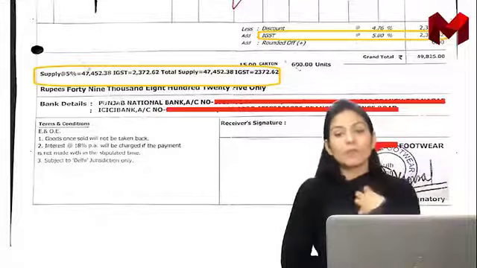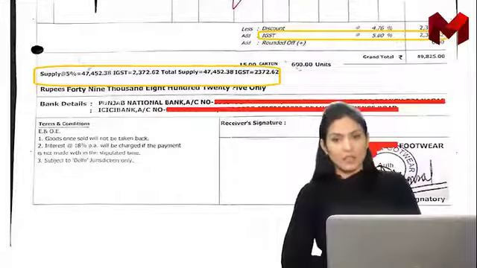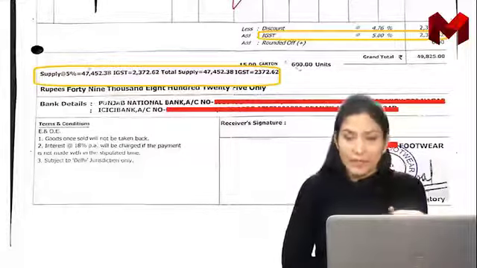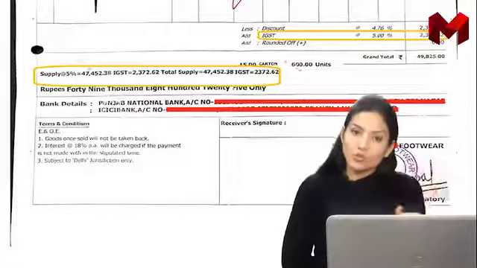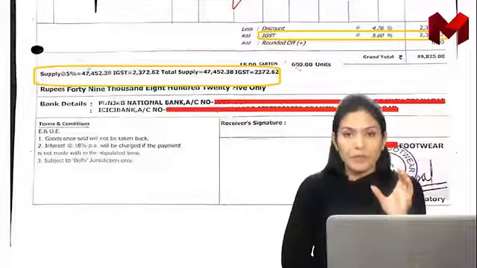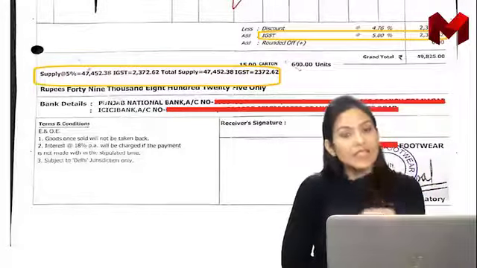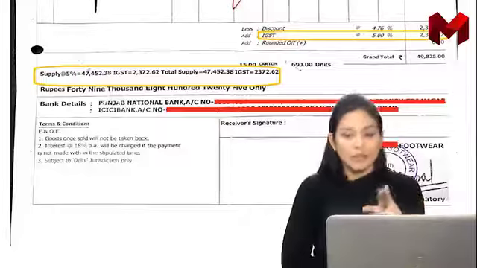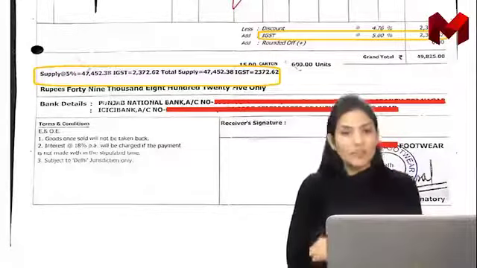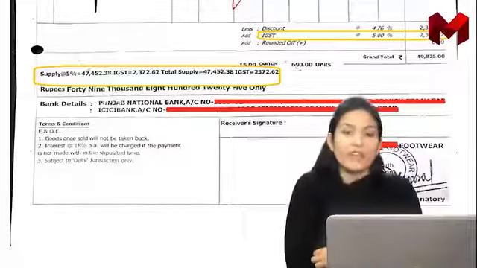Let us say we both belong to the same state. If the supplier is from Delhi, let's say I am also in Delhi, my GST number is also from Delhi, the 07 code is there. In that situation, CGST and SGST will be there. Half CGST, half SGST. That means 2.5% CGST and 2.5% SGST.